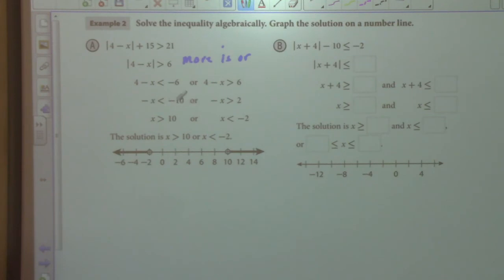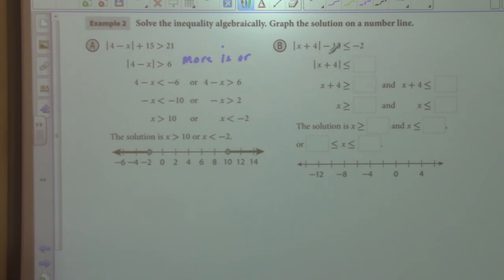And then when you solve these, you get this situation here and end up having solutions on a number line that look like this. And then for B, they're asking us to fill in some blanks. So let's fill in some blanks here. We have absolute value of quantity x plus 4 minus 10 is less than or equal to -2.